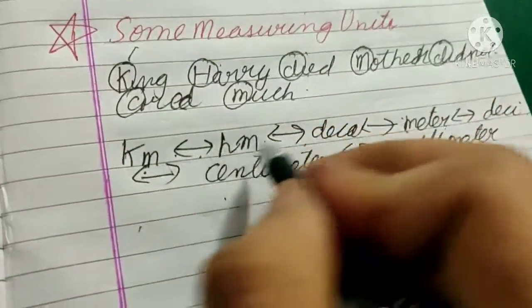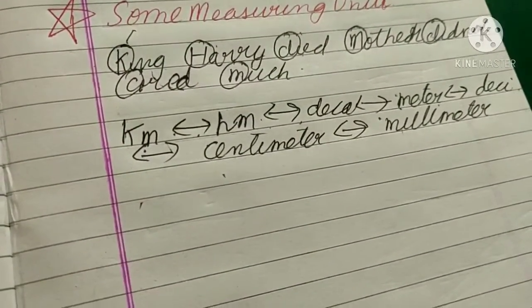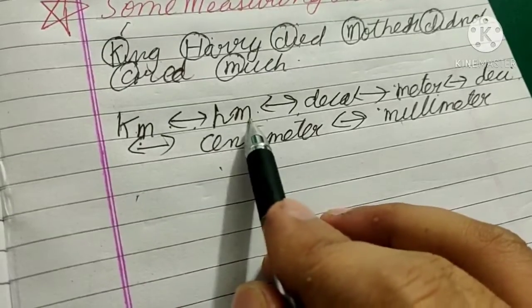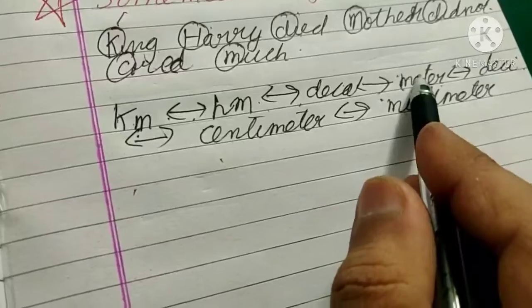If we see, they have a difference of 10, 10, 10 between them. Difference in the sense of multiples, meaning if you multiply by 10 you get the next one.